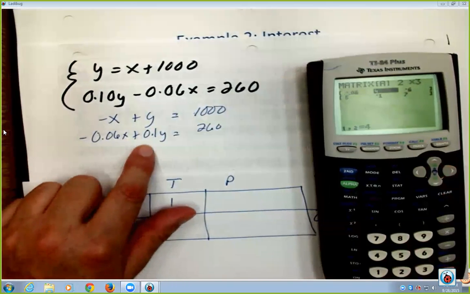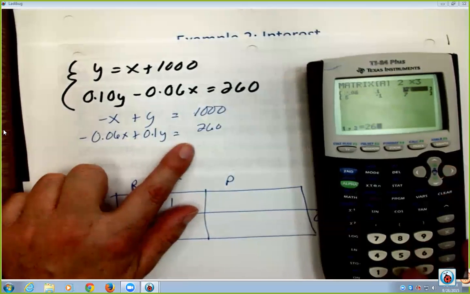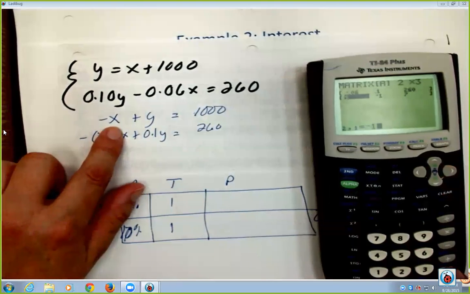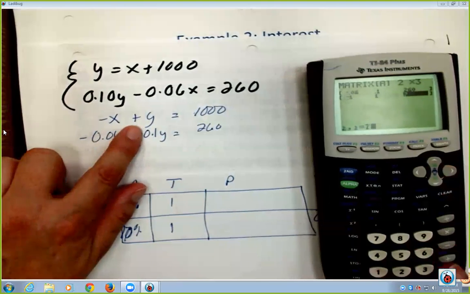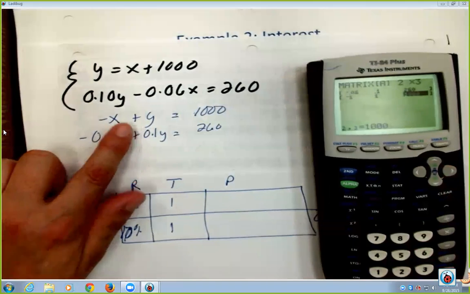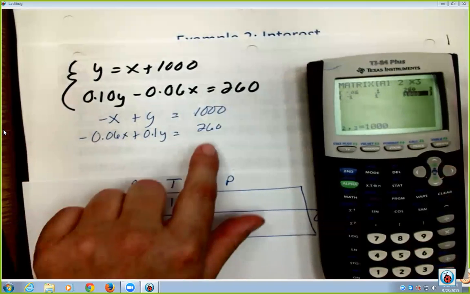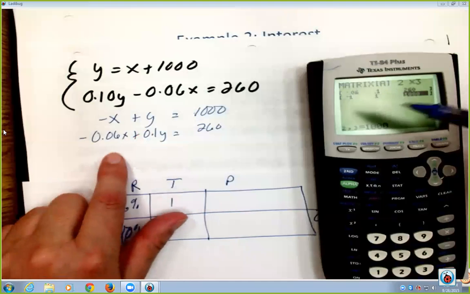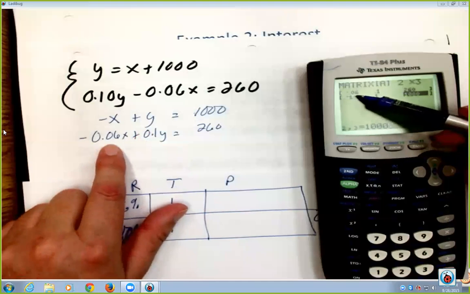Negative 0.06, enter. 0.1, enter, 260. Then I'm going to put negative 1, enter, and 1,000. Double check: 260, 1,000, 0.1 and 1, and a negative 1 and a negative 0.06.